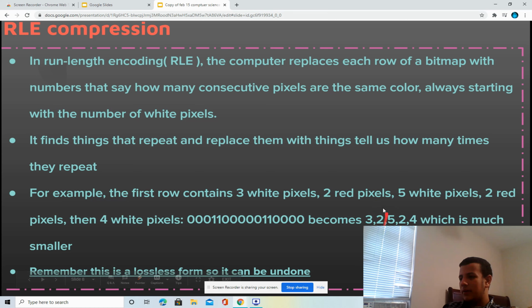We just remember 3, 2, 5, 2, 4, which is a much smaller file size to remember. And remember, this may not seem very useful at shorter spans, but with larger and larger images and bitmaps, it is super useful in that it can make the file size quite small.